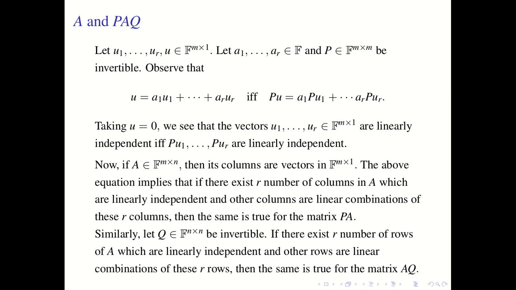Now let's make one more observation. Suppose I take u1, u2 up to ur, vectors in F m cross 1, and another vector u also in F m cross 1, a1 up to ar are scalars, and P an m cross m matrix which is invertible. Then u is equal to a1 u1 plus etc. up to ar ur if and only if Pu is a1 times Pu1 plus etc. ar times Pur.